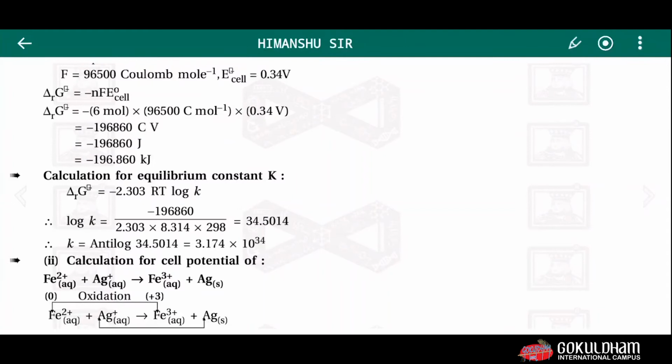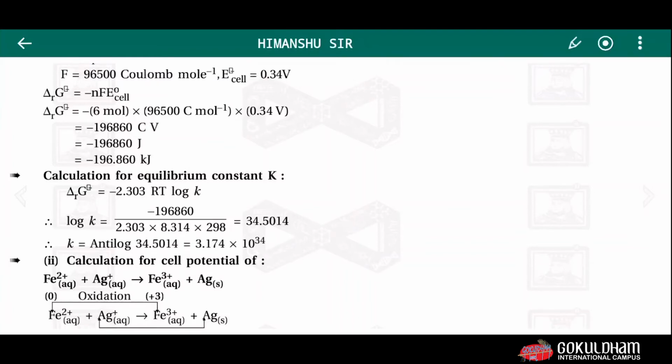The minus sign continues on the right hand side: minus 196,860 upon 2.303 into the value of R, 8.314, and the temperature is 298 Kelvin. You can calculate this from your calculator.